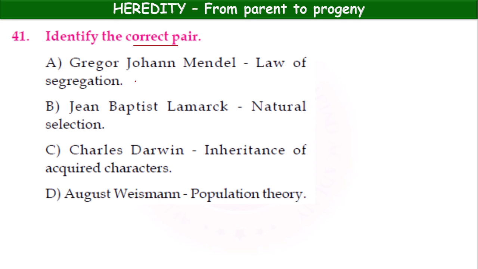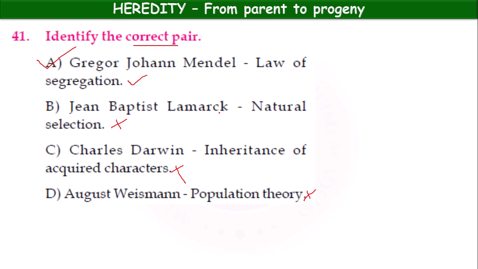Gregor John Mendel, law of segregation, is correct. Lamarck, Darwin and Weismann pairs are wrong. So option A.